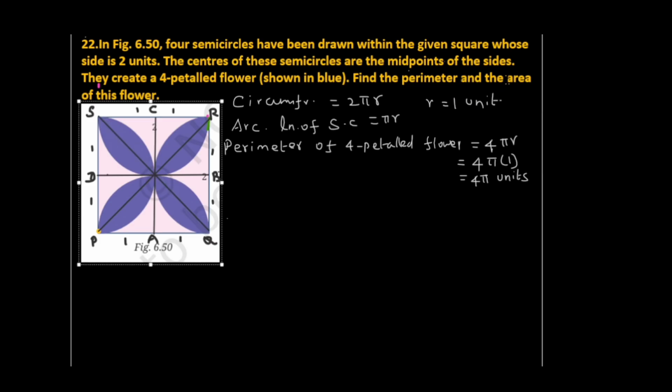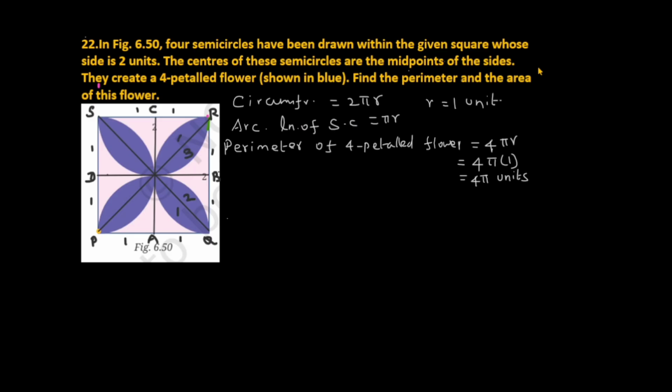Now we can see 8 parts of the petals. So look at here, 1, 2, 3, 4, 5, 6, 7, 8. These are the 8 parts of the petals.